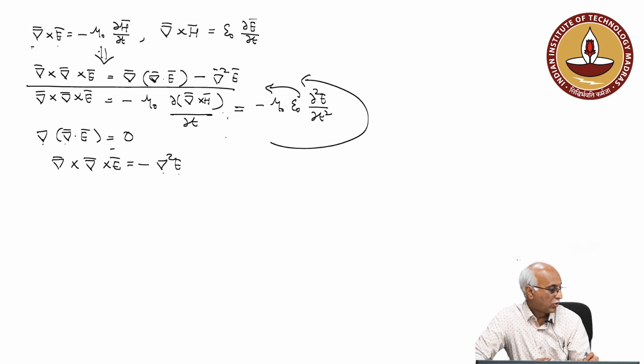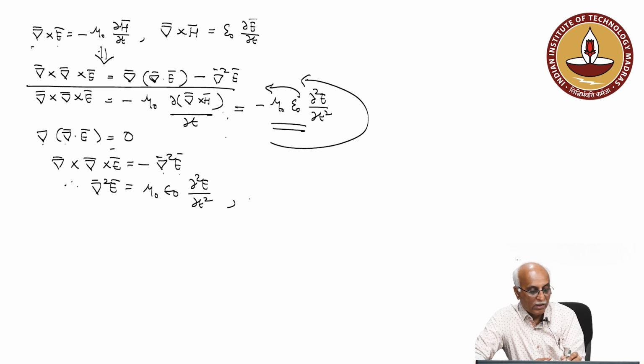So minus del square E equals minus mu 0 epsilon 0 del square E by del t square, and we get del square E bar equals mu 0 epsilon 0 del square E by del t square. Similarly, we can also derive del square H bar equals mu 0 epsilon 0 del square H by del t square.